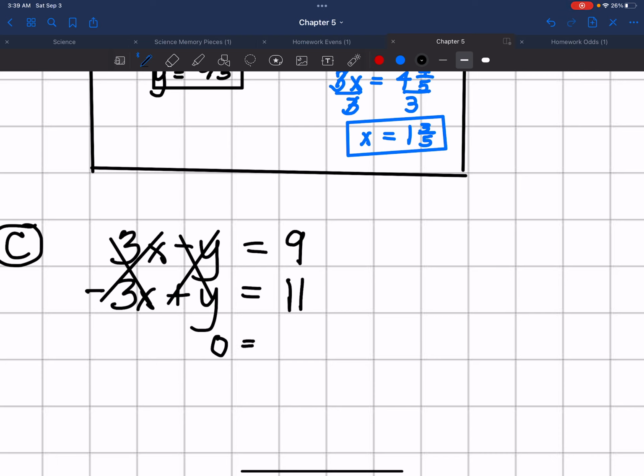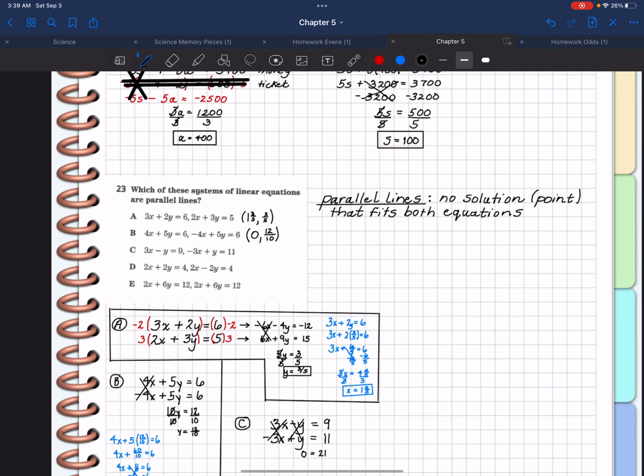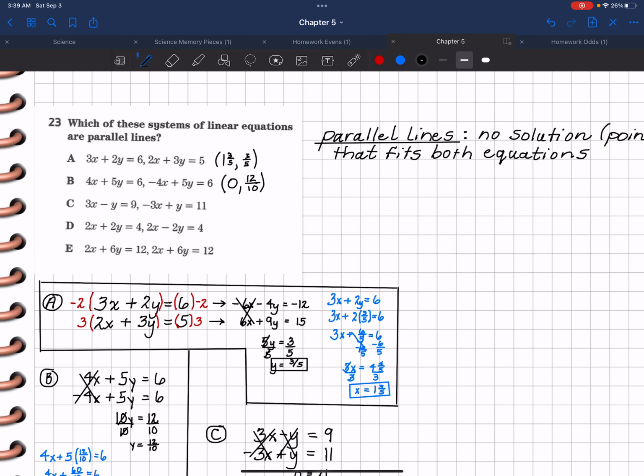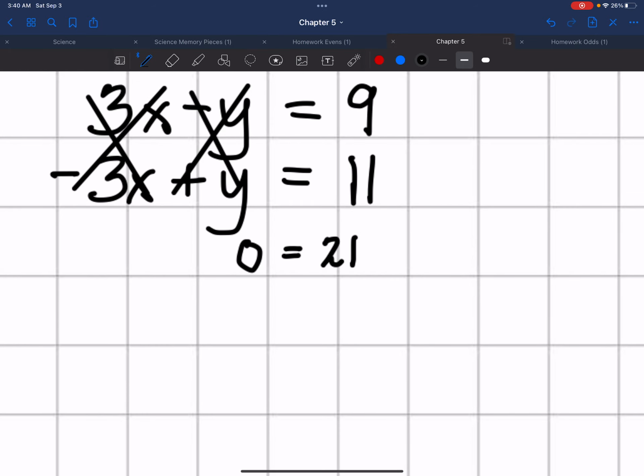And then on this side, you have 21. Wait a minute. What have I done? I had a 3x minus a 3x. Okay. So those, okay. At no time does 0 equal 21.